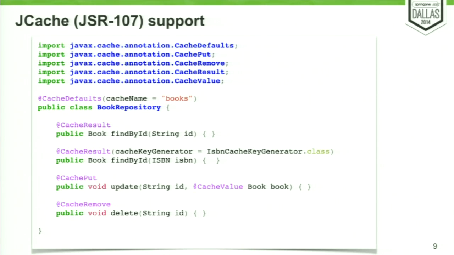Right. That's to be expected, those sorts of differences, because JSR 107 has its own little world that it's modeling, and there are different origins in some of the design of the annotations.